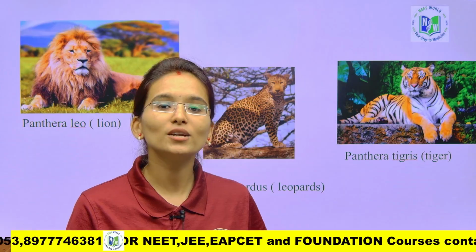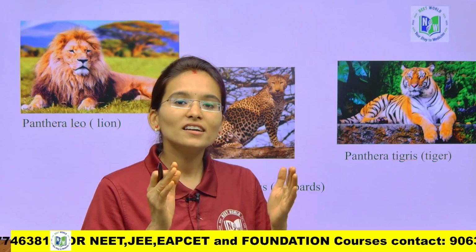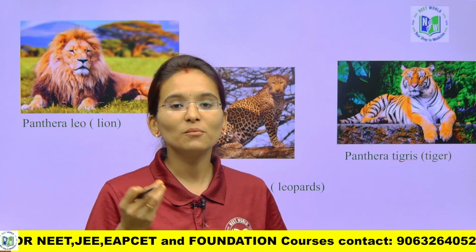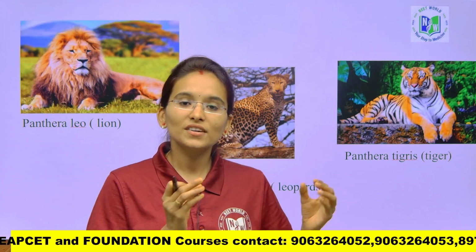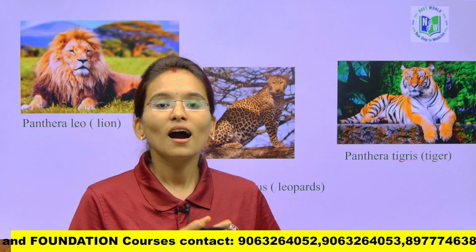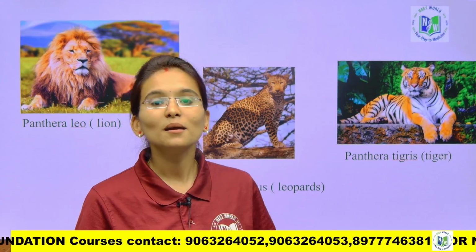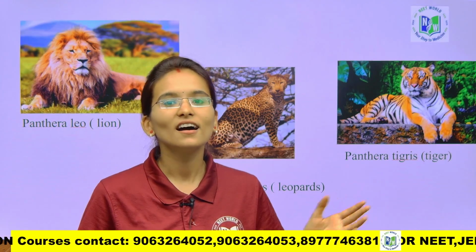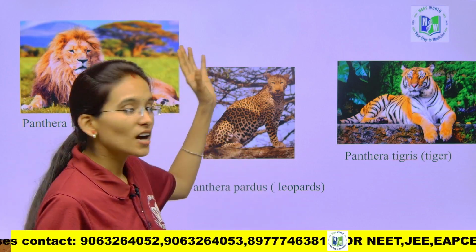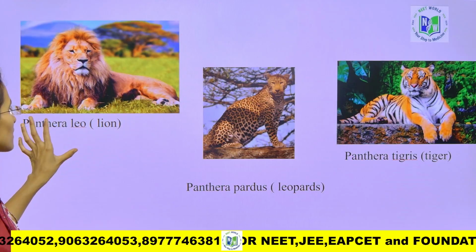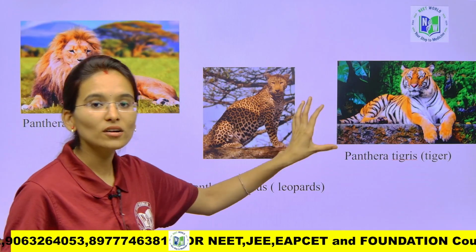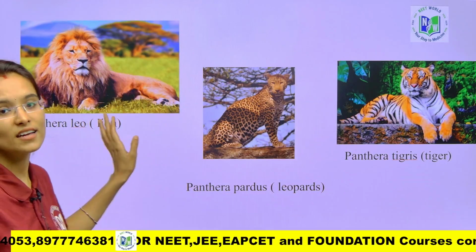It has only two components, and if you are providing the scientific name for animals, the rules are given by ICZN. If it is a plant, then the rules are applied from the ICBN. And we have studied the examples of Panthera to understand this, my dear students.